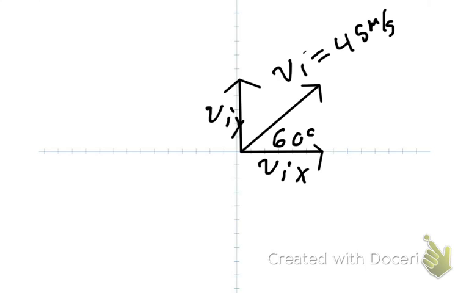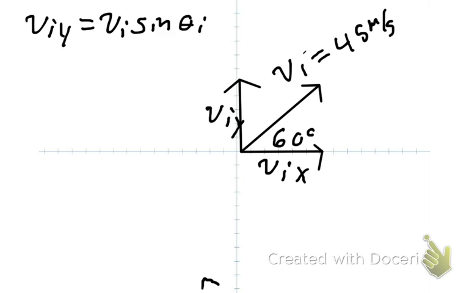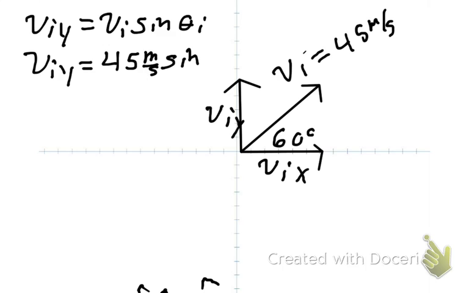So my velocity initial in the y direction will be velocity initial sine theta initial. Velocity initial in the y, then, is 45 meters per second times the sine of 60 degrees.